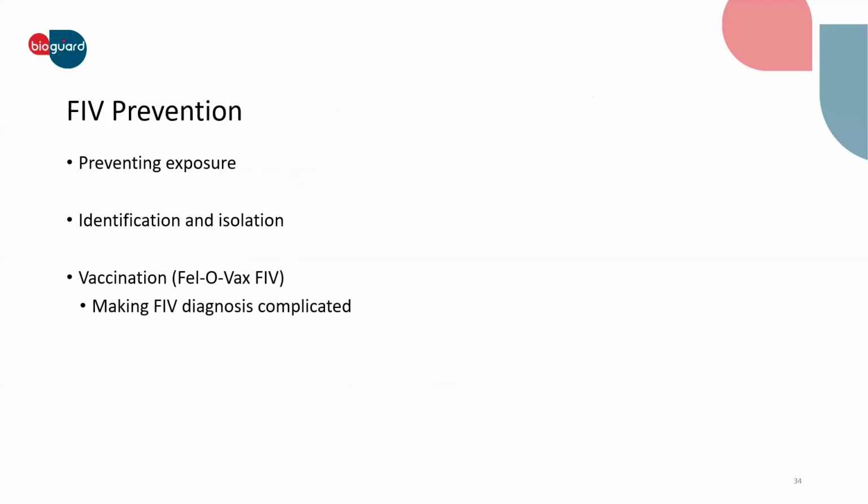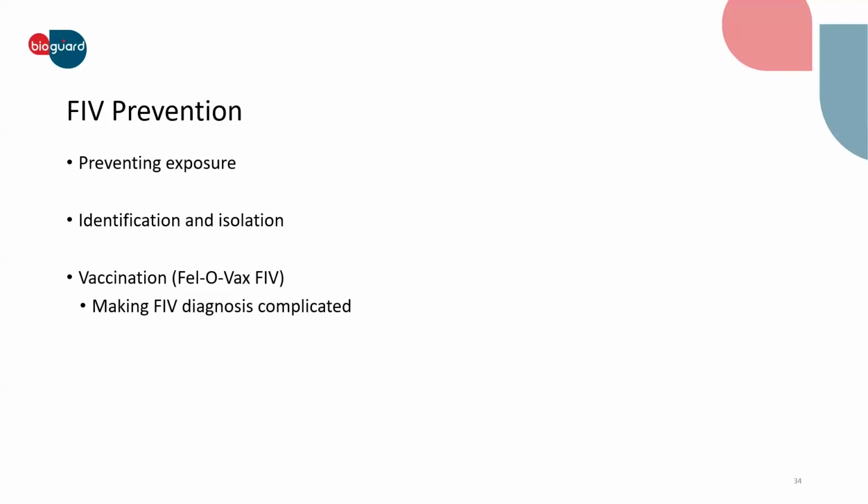So for FIV prevention, of course, similar to FeLV, it is just preventing the exposure. If a cat has FIV infection, it needs to be identified and isolated to prevent it from transmitting the disease to other cats.